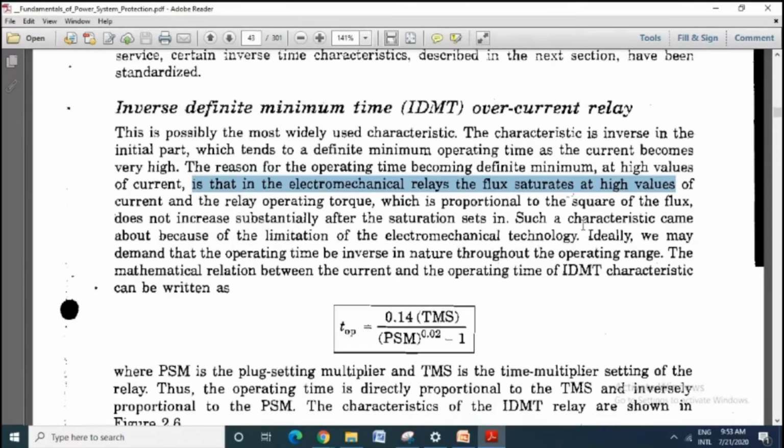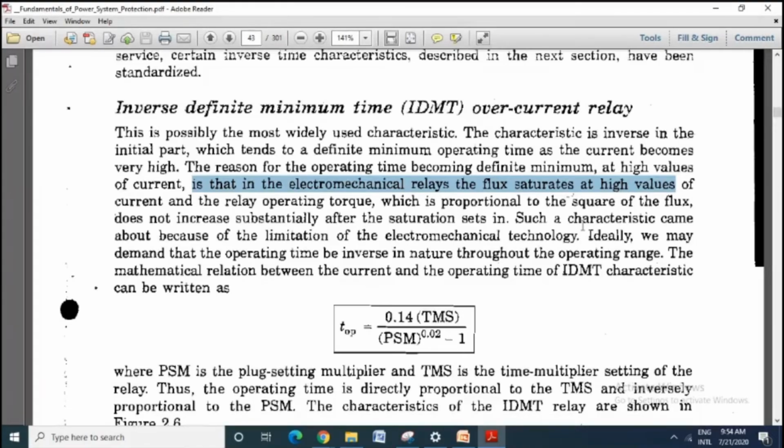Now, this is a somewhat deeper concept, but let's try to understand that in any electromechanical kind of relay, we basically have a structure where we use an electromagnet, and we have another mechanical setup with which we can get the mechanical output.